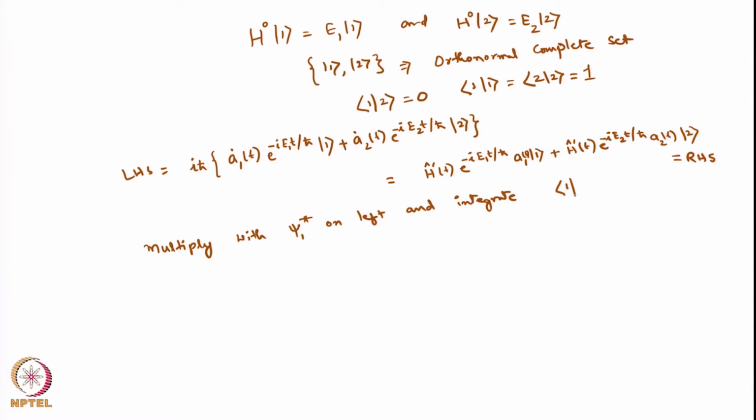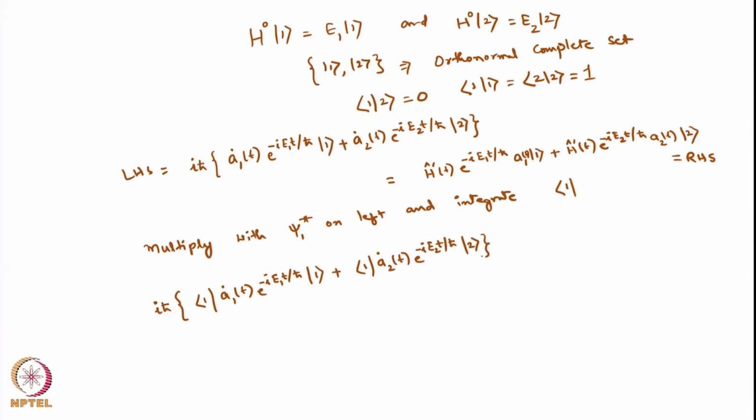So, when I look at the LHS, then it will become i h bar [integral psi 1 star A1 dot of t e to the power of minus i E1 t by h bar psi 1 plus integral psi 1 star A2 dot of t e to the power of minus i E2 t by h bar psi 2].